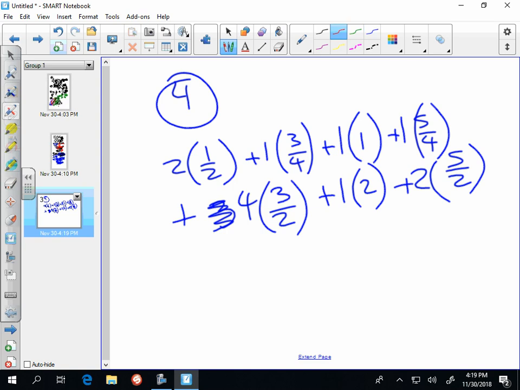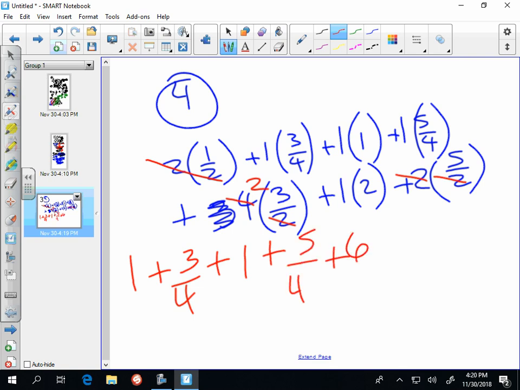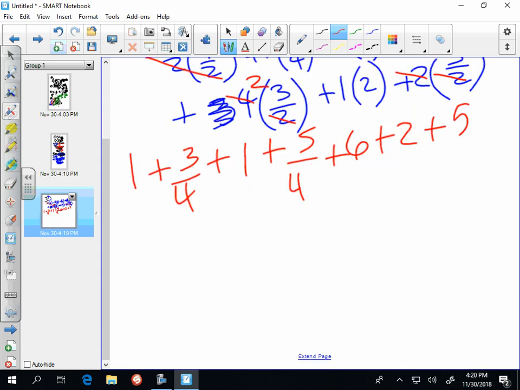So if I simplify this expression, I get 1 plus 3/4 plus 1 plus 5/4 plus 6 plus 2 plus 5. 3/4 plus 5/4 makes 8/4 for 2. 1 plus 2 plus 1 plus 6 plus 2 plus 5.